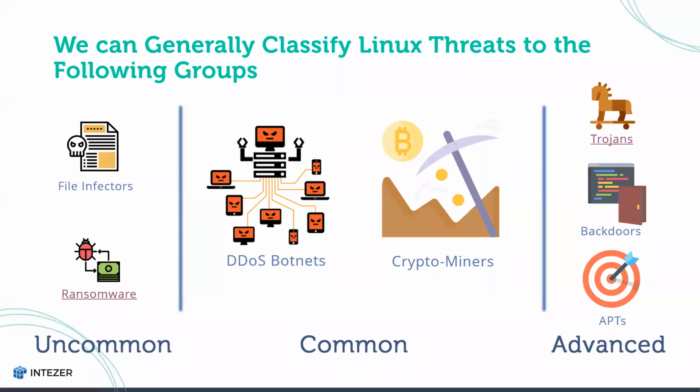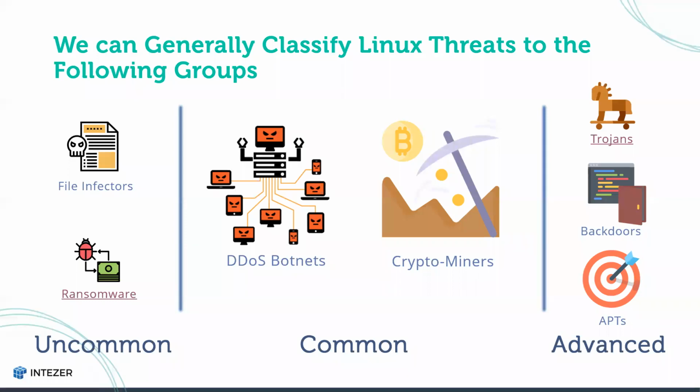And then lastly, we see a domain of advanced threats that are mainly composed of Trojans and backdoors. These are usually APTs, state-sponsored actors. As I said, Linux devices are very easy to monetize because they're portable for the most part.